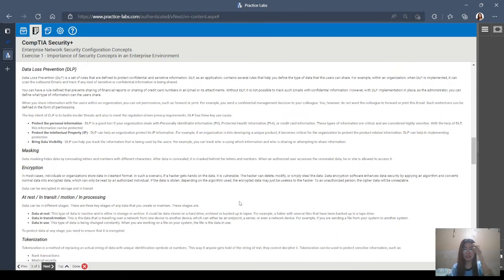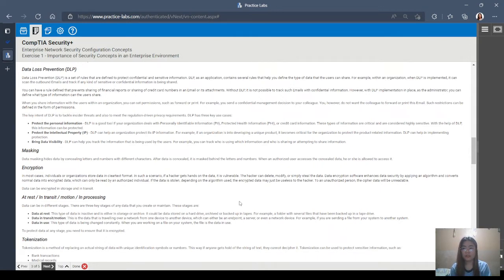Without DLP, it is not possible to track such an email with confidential information. However, with DLP implementation in place, the administrator can define what type of information the user can share.